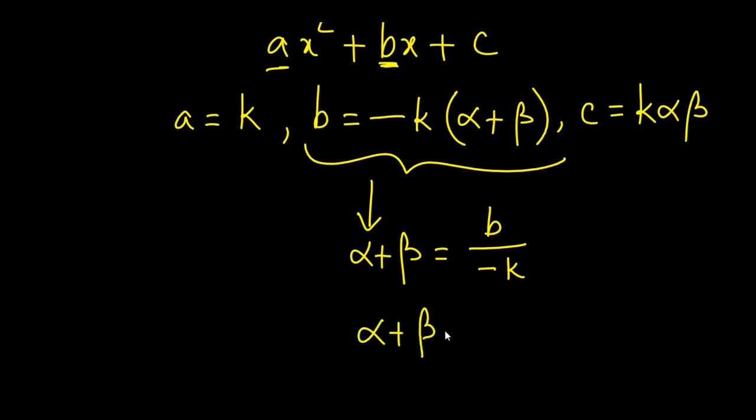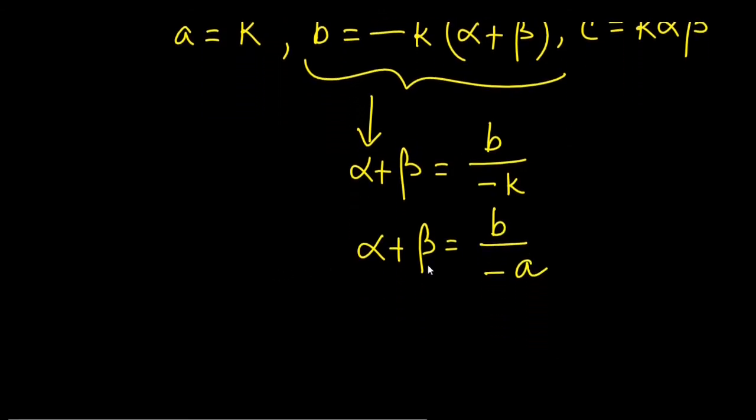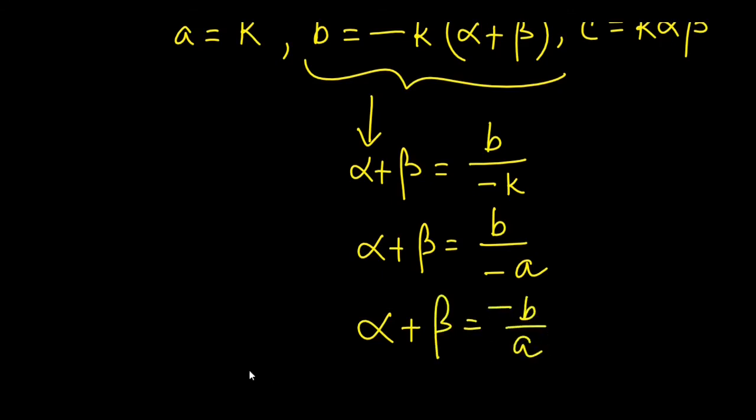Alpha plus beta is equal to b by k, that is minus b by a. When we write the fraction in simplest form, we can take the negative to the numerator. So alpha plus beta is equal to minus b by a.